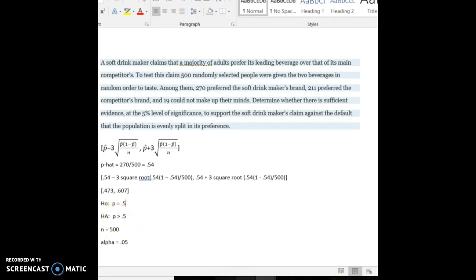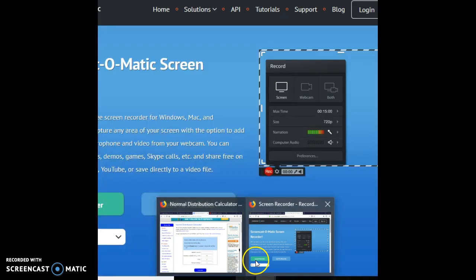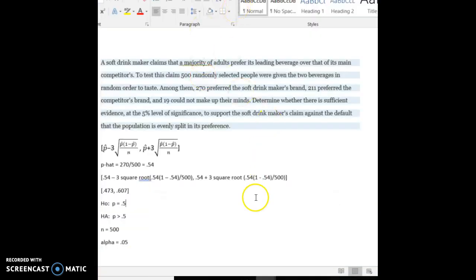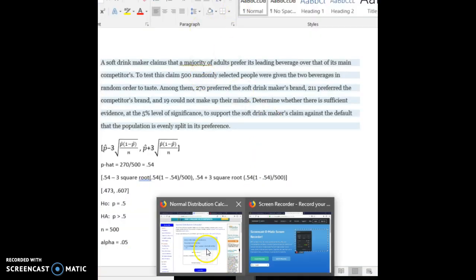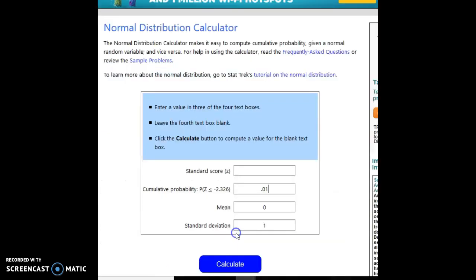So let's look up 0.95, and again, I'm going to use StatTrek because it's nice and quick. Okay, and I'm going to put in 0.95 instead of 0.05. That's very important. All right, and so now if we calculate, it tells us it's 1.645.